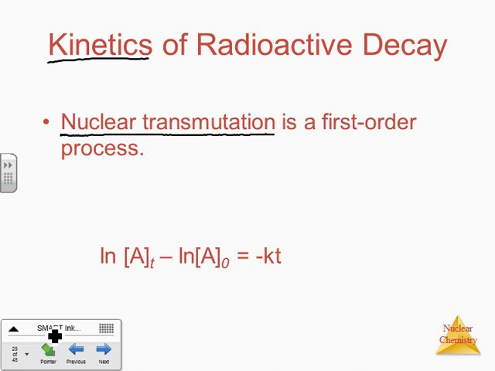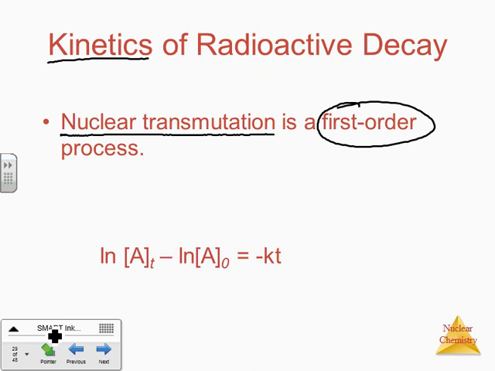Okay, so nuclear transmutation, what we're talking about there is radioactive decay. In other words, a radioactive nucleus changing into the nucleus of a different element. Okay, this is a first order process, and this will make more sense once we talk about kinetics, but there are several orders that a reaction can have, and that order describes how the concentration affects the rate.